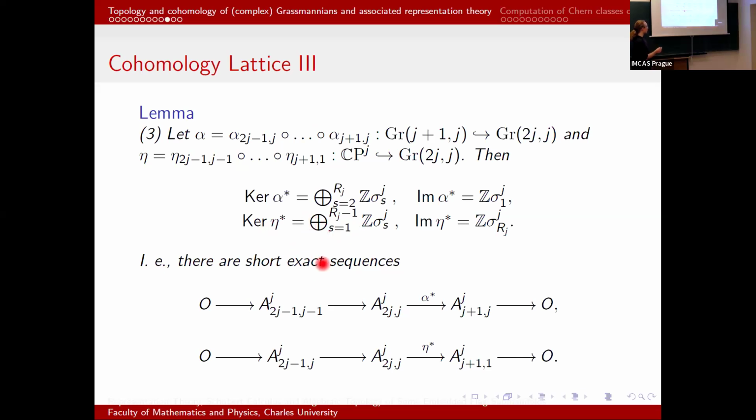The kernel of this projection is the free subgroup generated by all the partitions which are not the row of length J. And conversely, the image of alpha star is the column of length J, and the image of eta star is the row of length J. And so we also have these short exact sequences of free Z modules.